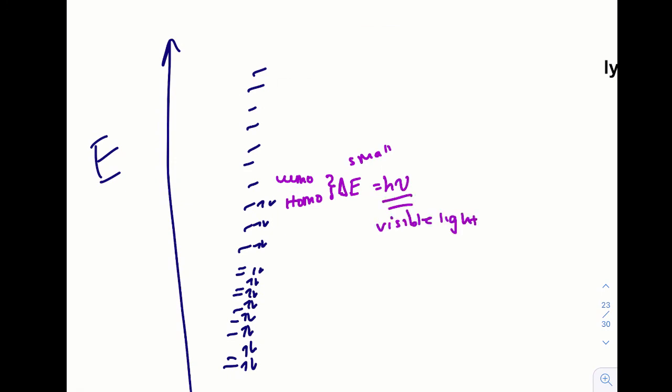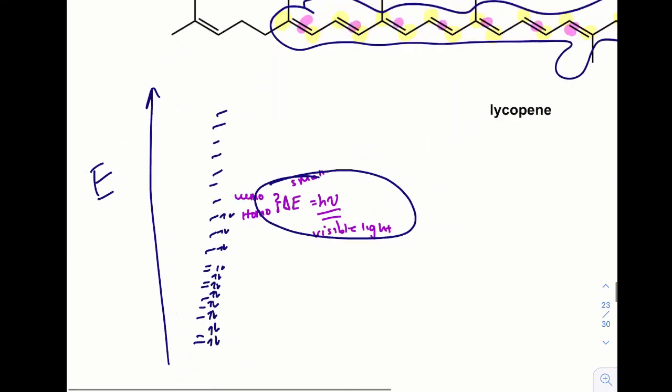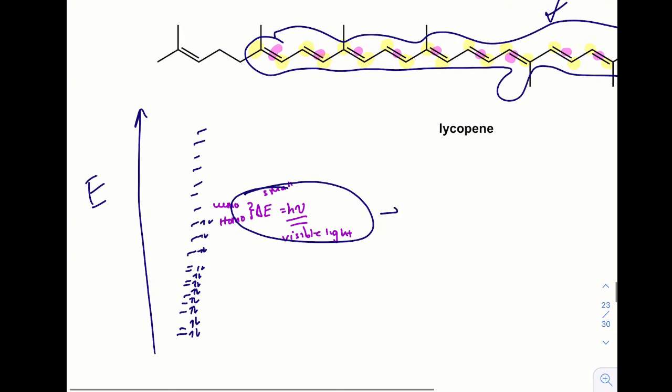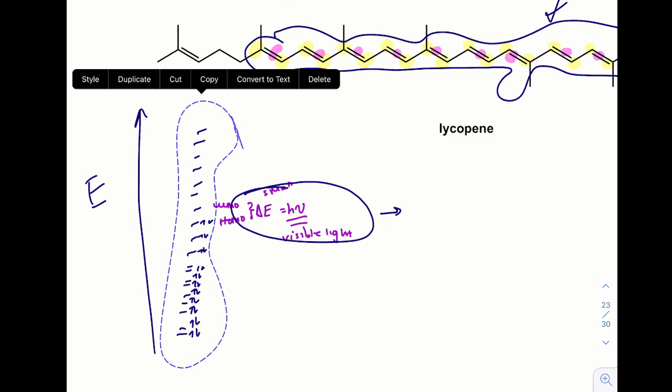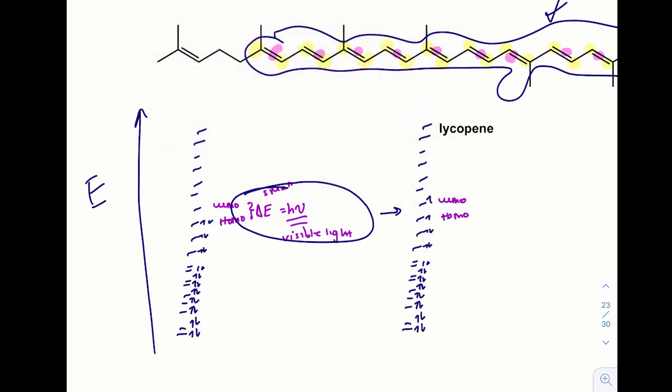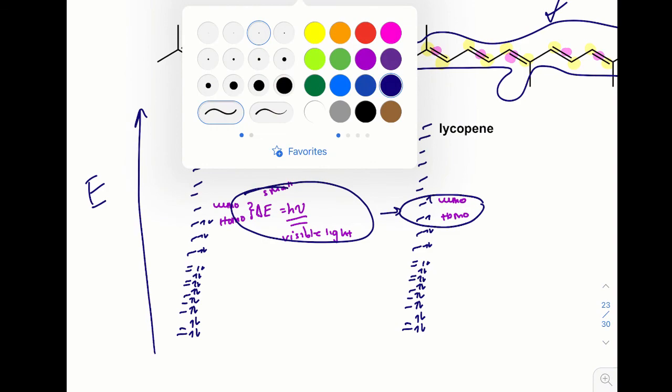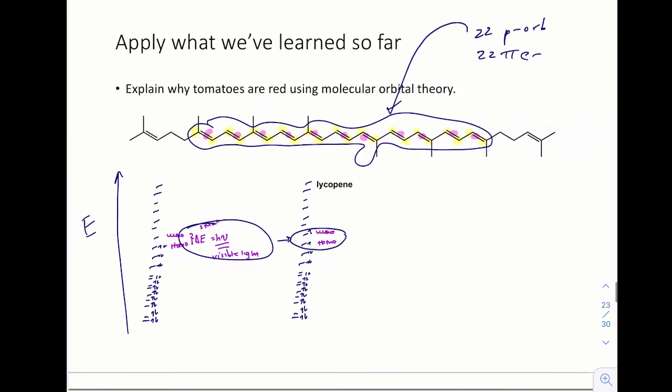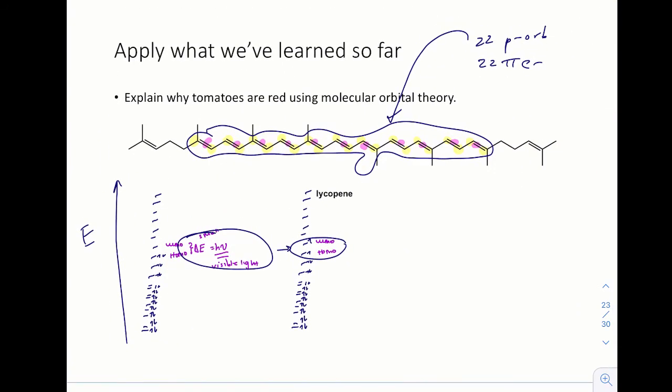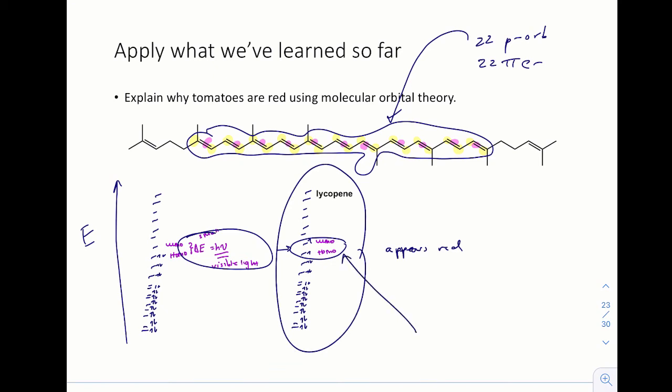Lycopene absorbs green light, corresponding to this energy in transition between the HOMO and LUMO of lycopene. We need to recall that when an organic molecule absorbs light, an electron is promoted from the HOMO to the LUMO. Thus, lycopene absorbs light in the visible spectrum and appears red. And it only appears red because its HOMO and LUMO are so close in energy, because there are so many p orbitals conjugated together.